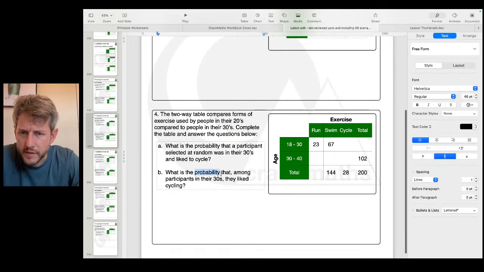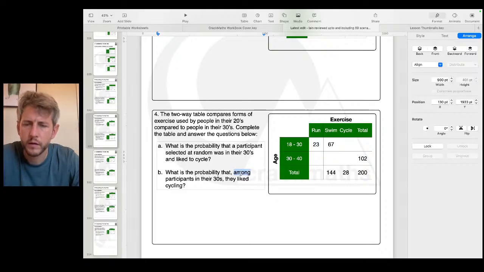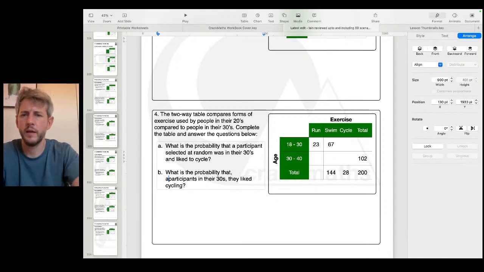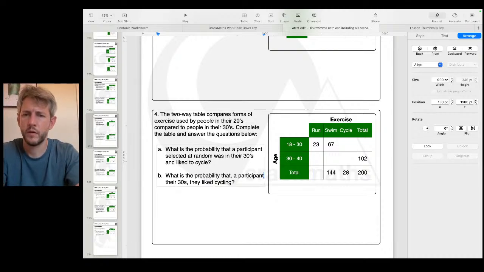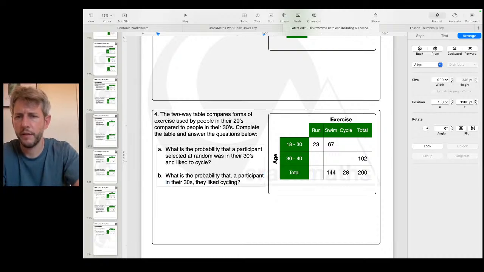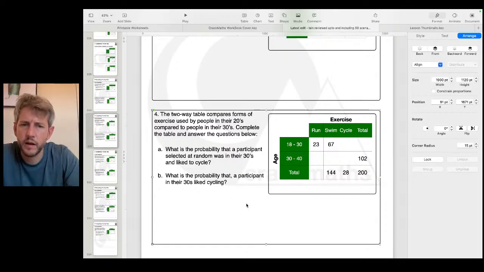What is the probability that a participant in their 30s liked cycling?